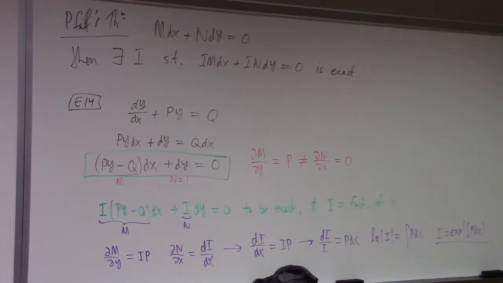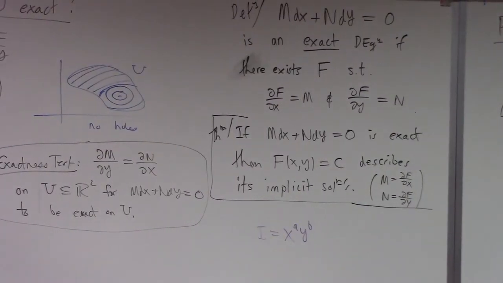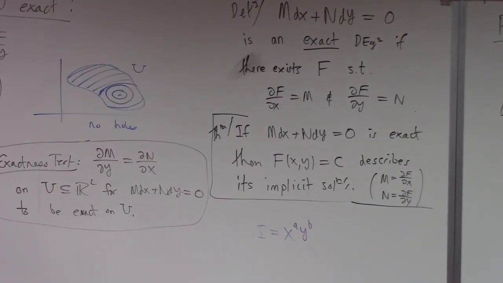So a pretty popular problem is we tell you something like I is equal to x^a y^b, choose a and b, so that when you multiply the differential equation it makes it exact. I have some of these solved in the notes. There's a section in your book called Special Integrating Factors. I don't cover it in its entirety, but that is actually an important next step in this game.